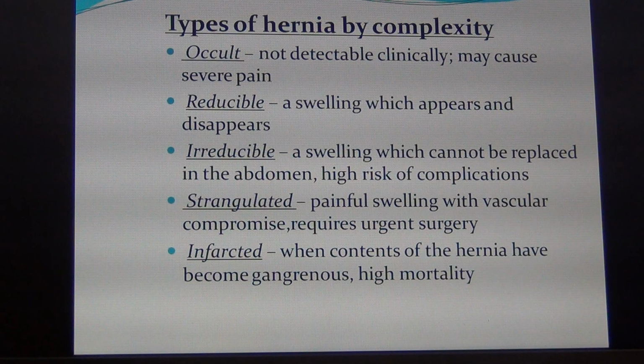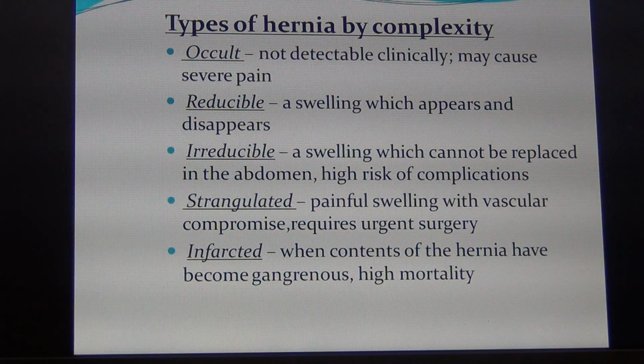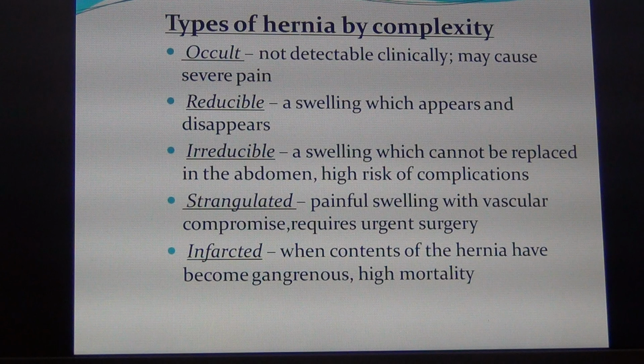High risk of complication. Strangulated hernia is when there is vascular compromise, interference with the blood supply of the content of the hernia. For example, if the content is the small bowel, there will be interference with its vascular supply.